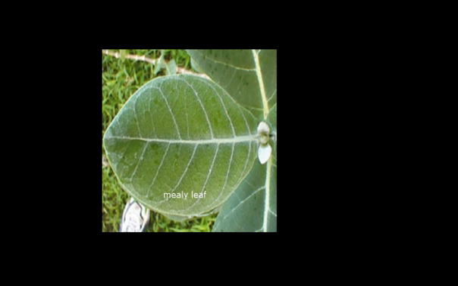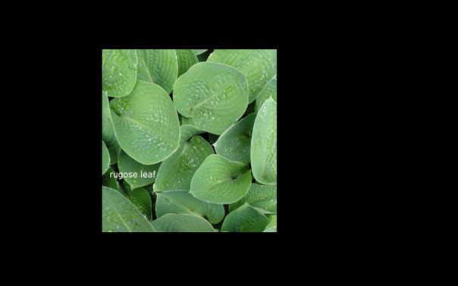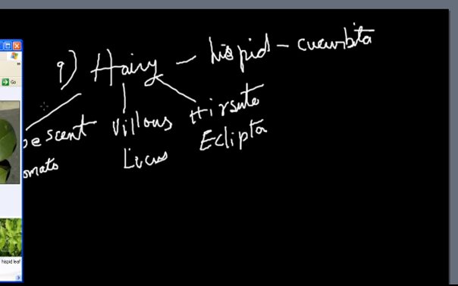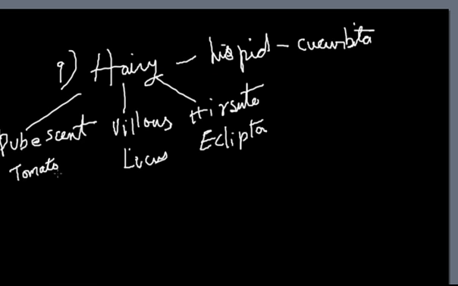And we have the hispid case, which I just mentioned as a hair thing. And here you can see the mealy leaf, of course, the rugose case, which is quite wrinkled, and the scabrous, which means that it's quite rough to touch.